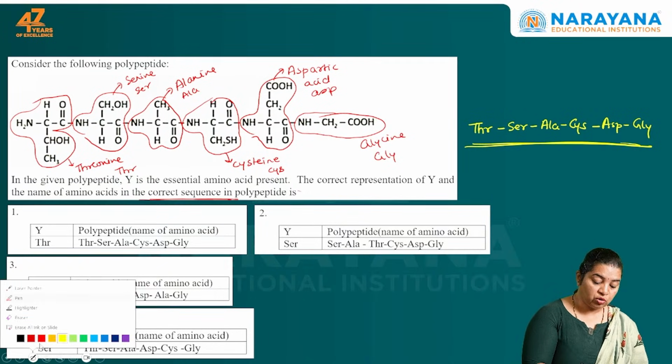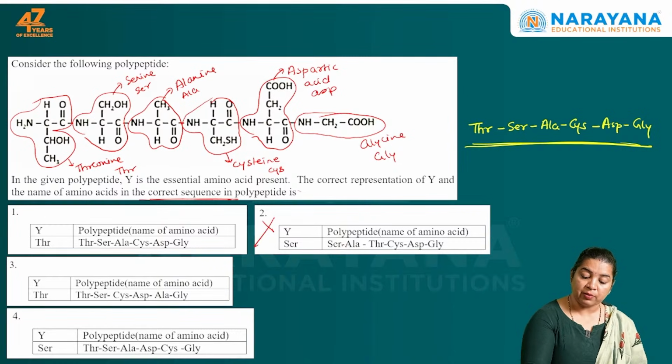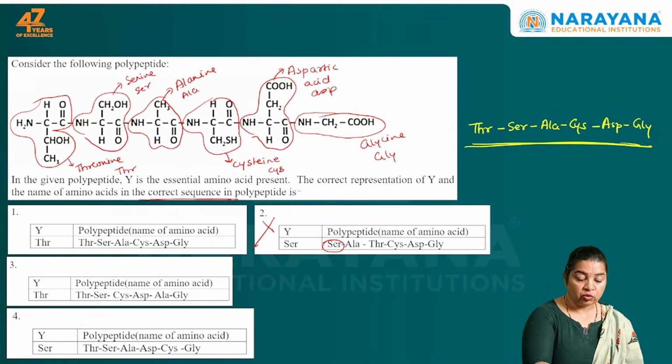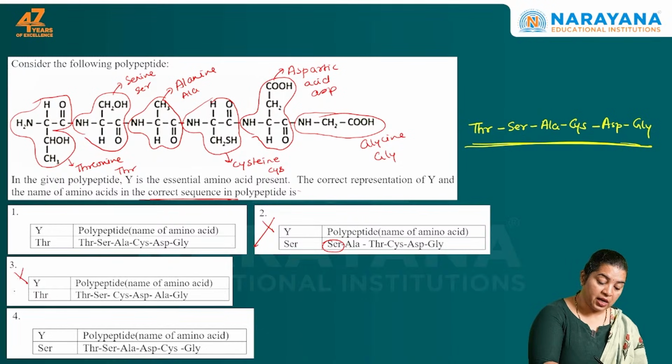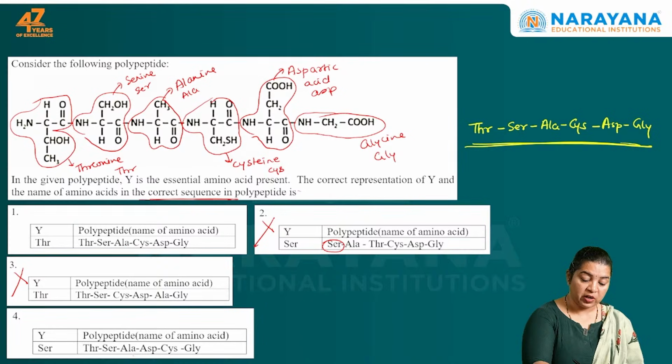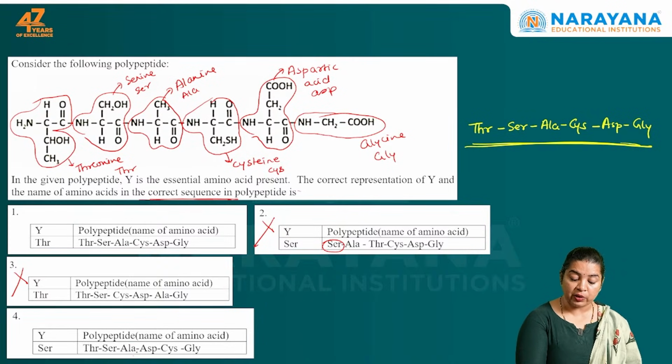Now, when we go to options, this I will eliminate because they are starting with serine. That is not what we are having. So, threonine in 3 options, serine in all 3 again, but next it has to be ALA, not cysteine. Let us leave this option. So, only first and fourth are now in the race.